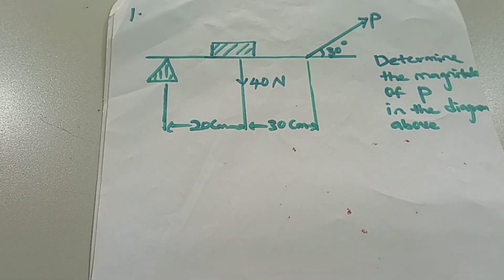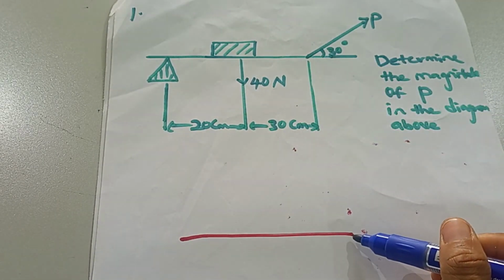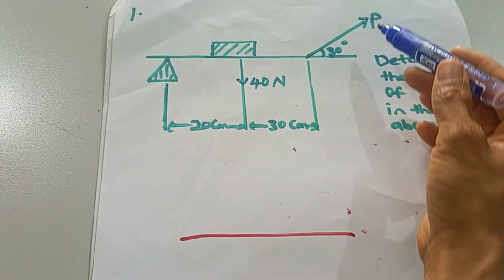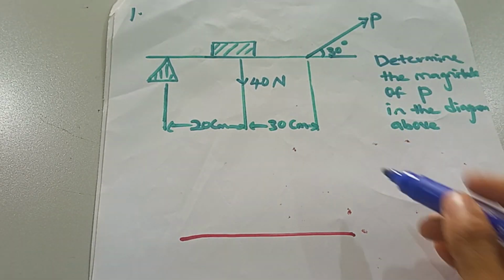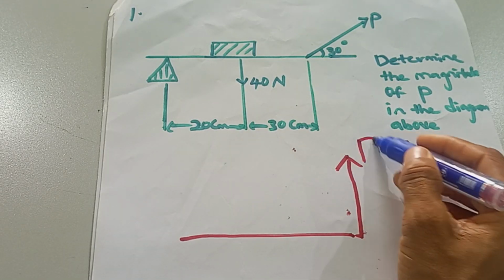Okay, we are going to solve this question now. Now, we want to solve this problem. Determine the magnitude of P in the diagram above. So what we are going to do is, we are going to say, let this body be in equilibrium, so that we'll resolve this P to be a vertical force.